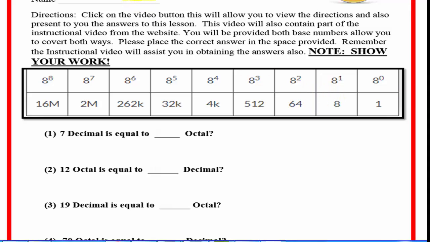Now, just to make sure that everybody knows what we're talking about, let's look at the first one. Okay, we have a number 7, it's a decimal, and what is it equal to in octal? Okay, I'm going to draw my little symbol here, and remember when we're going to convert it to octal, we place the number 8, and the number we're going to look at is 7. Okay, how many times does 8 go into 7? 0.